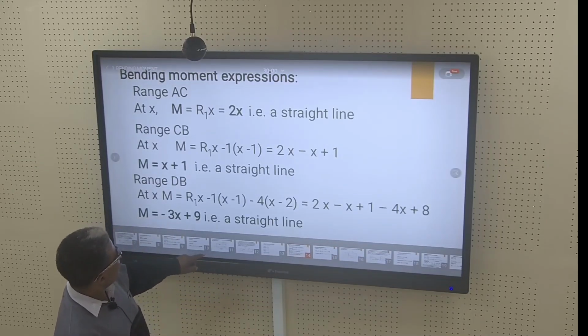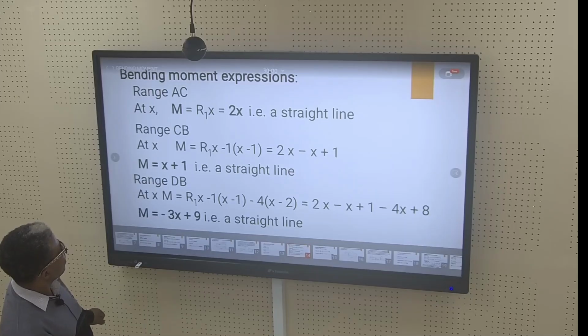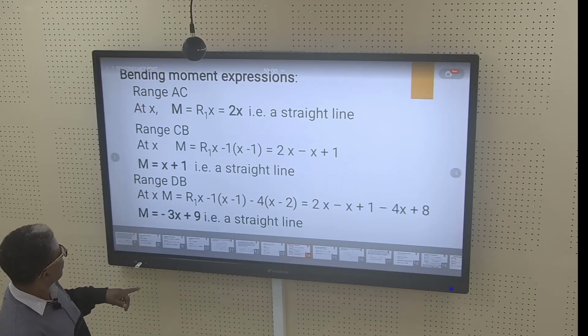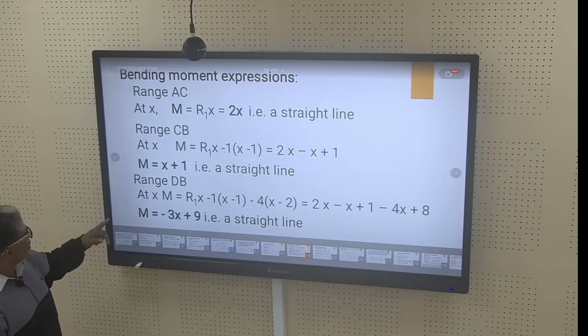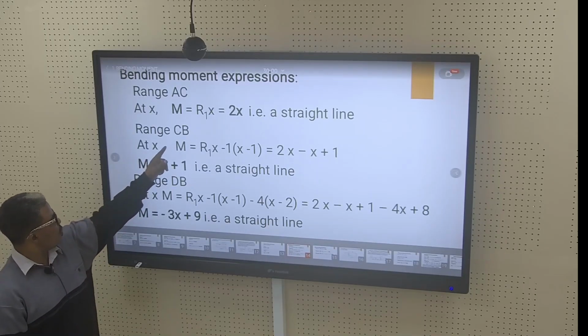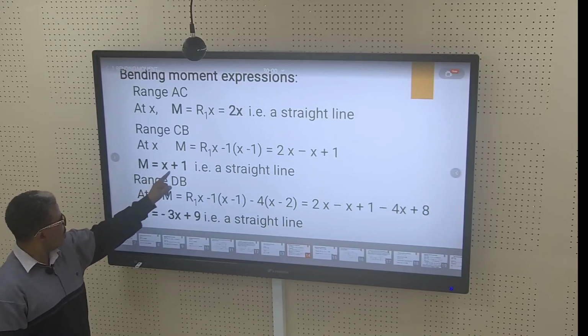We started with the expression, the bending moment, that is 2x, then followed by x plus 1. You remember we said what is x for this range of CB? It should be x plus 1.